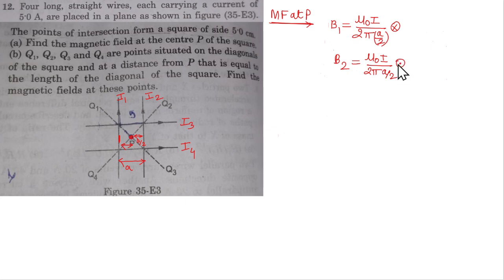You can use this dot sign to represent the outward direction, and you can use the right hand thumb rule to find the direction of B2.